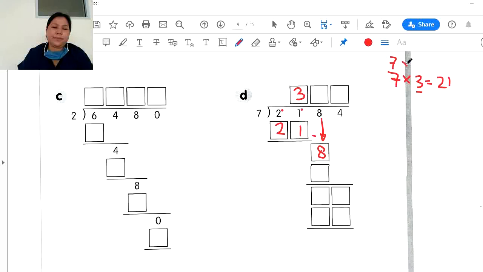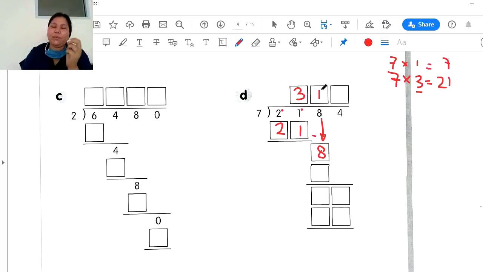Since 7 times 1 equals 7, 8 divided by 7 can be 1. And only 1 is the remainder, right? It hasn't reached 2, right? That's why we only put 1.